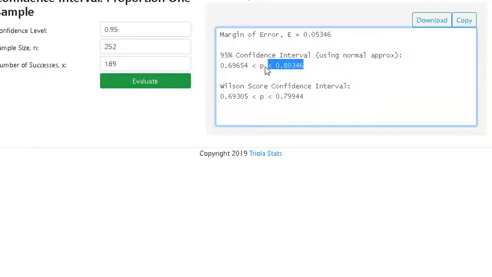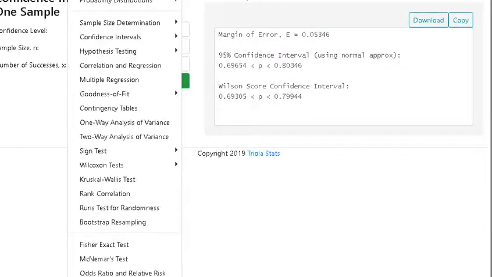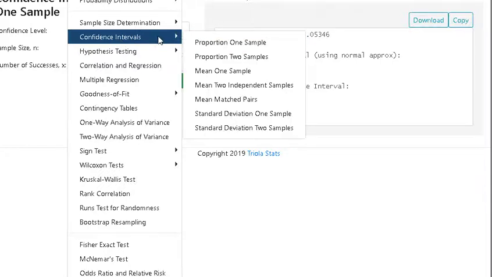So the middle one's the one we want to use. The bottom one is similar, but I think the bottom one comes from a non-parametric approach, which we're not going to discuss till the end of the semester. But, wow. So one more time, it was analysis, confidence intervals, and then the first one there was proportion one sample.